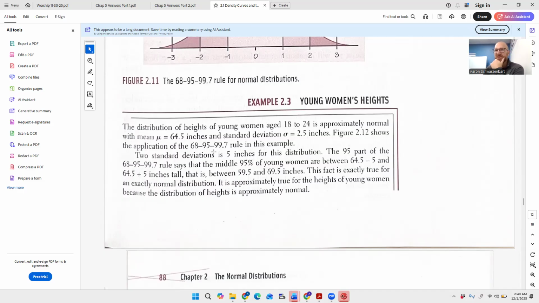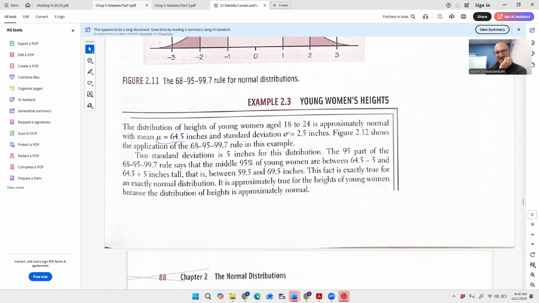So, we're going to look at young women's heights. The mean height for young women, and young women is defined in this to be 18 to 24. This is legitimate data from the late 90s, early 2000s. Okay. I'd assume it's pretty similar still. The mean height of young women is 64.5 inches, 5 feet 4.5 inches.